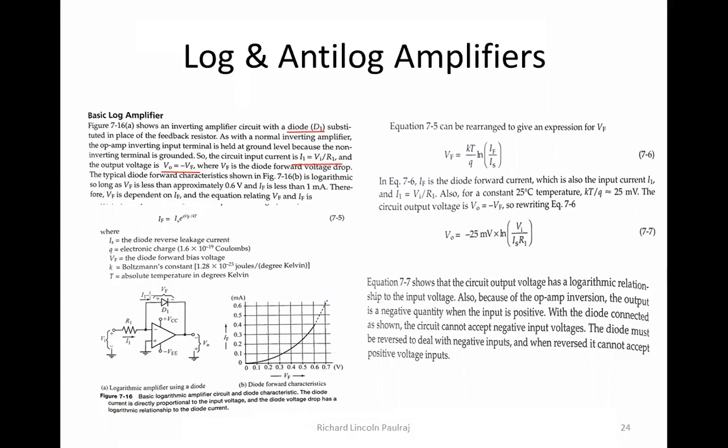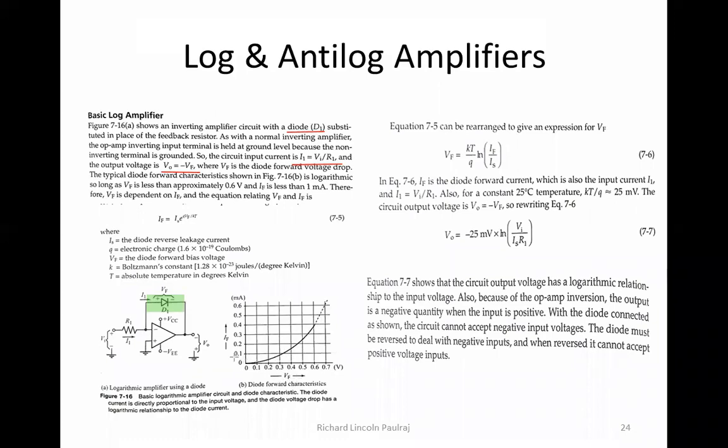Now, when I'm using a diode, it becomes important to consider its operating voltage. I should make sure that it is below 0.6 volts, so this diode will have less than or equal to 0.6 volts. As the voltage increases, you can see the graph increasing exponentially.